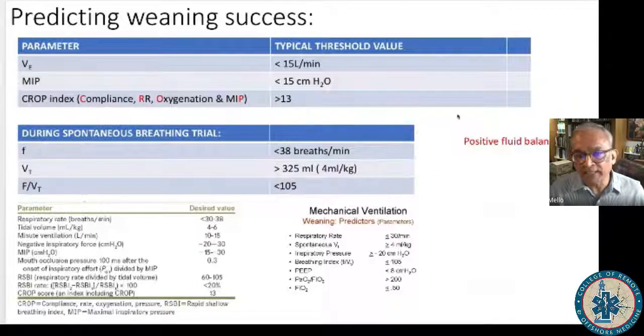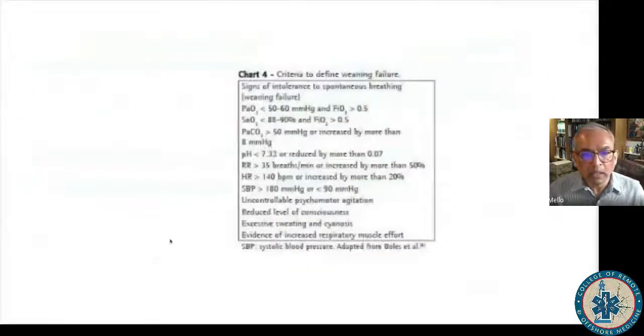The one negative thing against a weaning success is having a high positive fluid balance. Criteria to define weaning failure is listed here for you to look at, and you can see again it's a complex combination of respiratory, cardiac, arterial blood gases, level of consciousness, and muscle function.